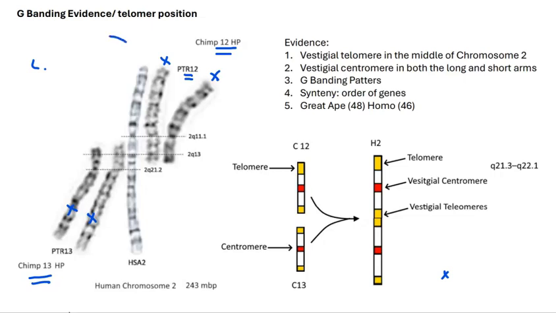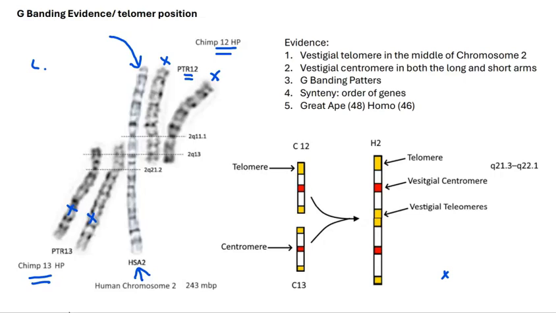But this chromosome here is human chromosome 2. And you can see, as I mentioned before, that human chromosome 2 is very, very large. So why do we think that this has been formed as a consequence of the fusion of chromosomes 12 and 13 in the last common ancestor of us and the chimpanzee group?